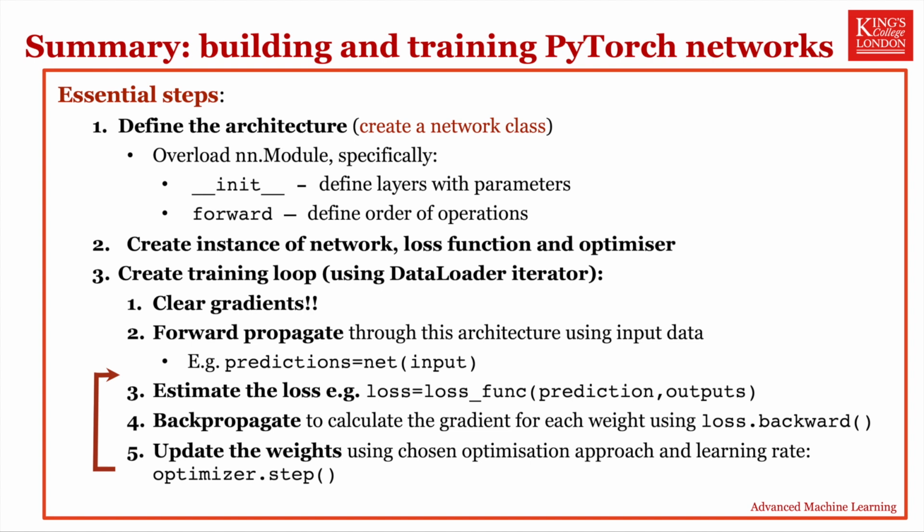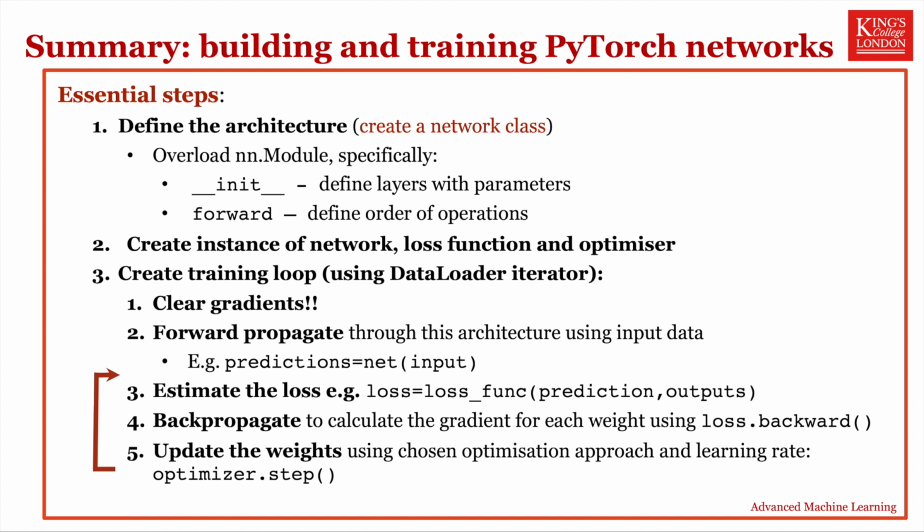This is the most complicated bit, but you will get lots of practice in it over coming weeks. Once you've done that, then you need to create an instance of your network and choose and create a loss function and optimizer. Then you're in a position to train. In the simple example I gave in this lecture, I passed all of the input data at every iteration, but this won't be possible for large image datasets, which is why you need the custom datasets and data loader discussed in the last lecture.